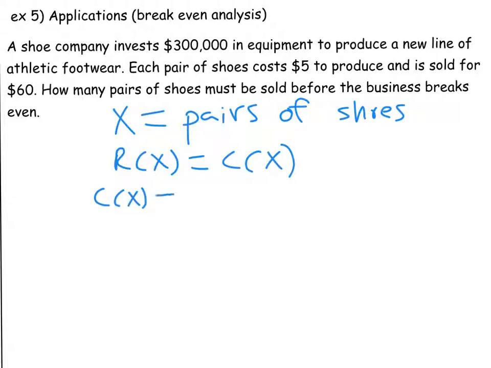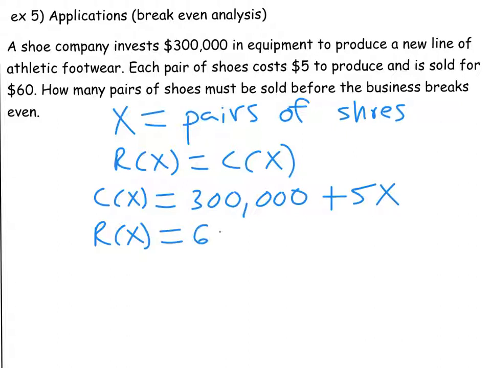The paragraph does give us information about cost. Fixed cost of $300,000 plus another $5 for every pair of shoes that we produce. Revenue, we're going to sell them for $60. No fixed cost to go with that.